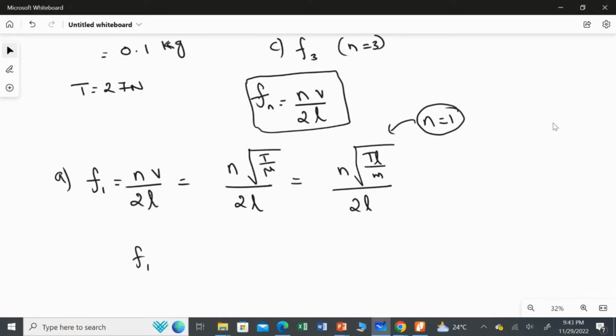So f1 is equal to 1 multiplied by the square root of tension. We substitute the tension, 275, multiplied by the length, 10 meters, over the mass, 100 grams, which is 0.1, divided by 2 multiplied by 10. Let's see the answer.